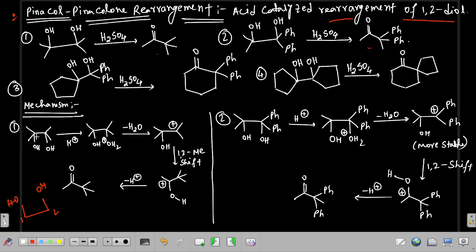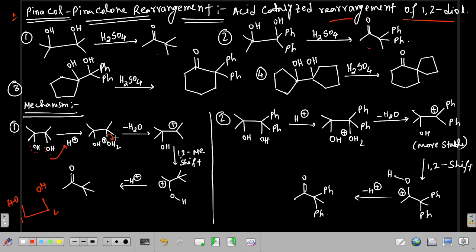So we will start with the first example. We have proton in the reaction medium. So here you see the hydroxyl group has a lone pair on its orbital, like oxygen has a lone pair on its orbital. So it will abstract this proton, and it leads to the formation of OH2 plus.